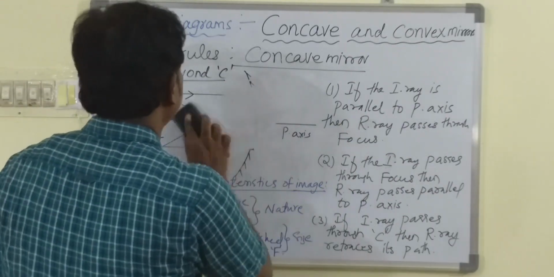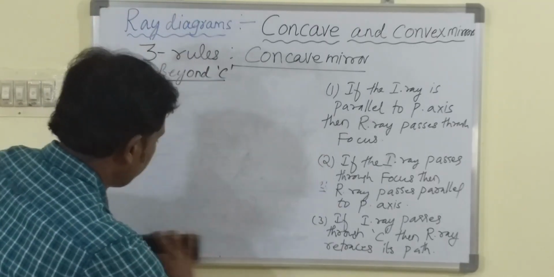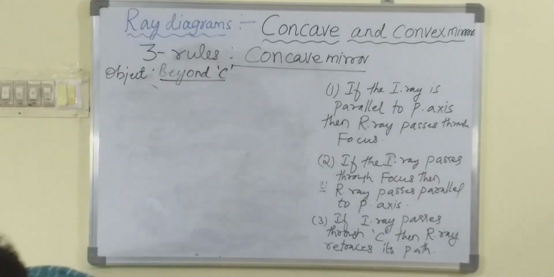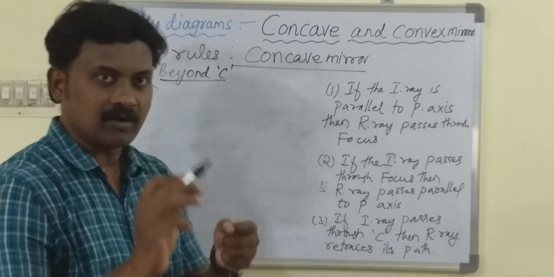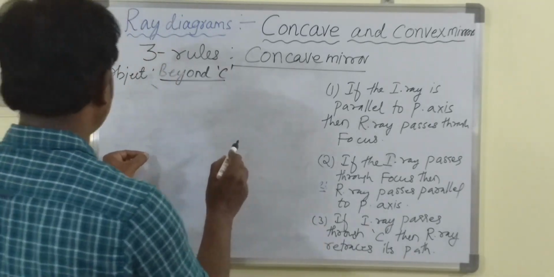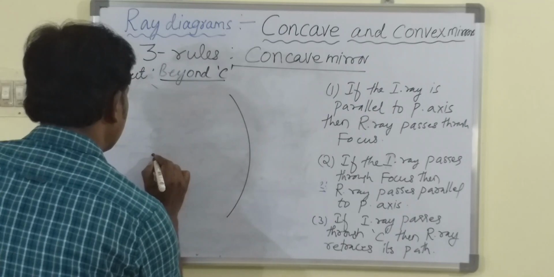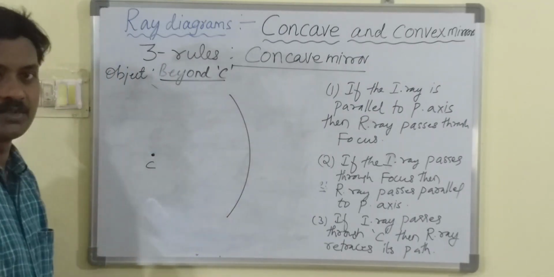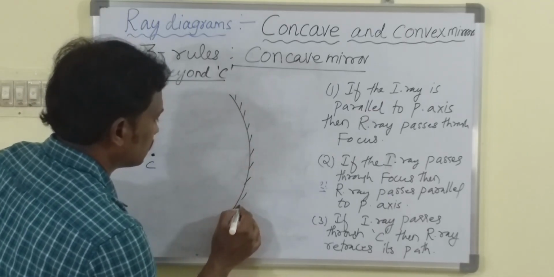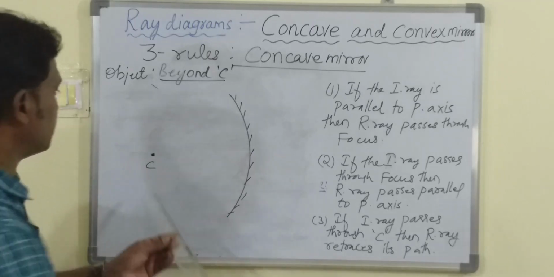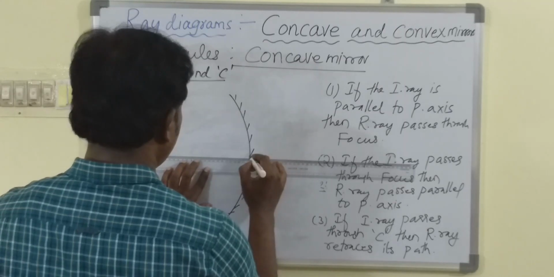So let me see. I am making use of a thread here to draw the concave mirror. So this is the center of curvature and this is the concave mirror. Okay, it's 20, children.